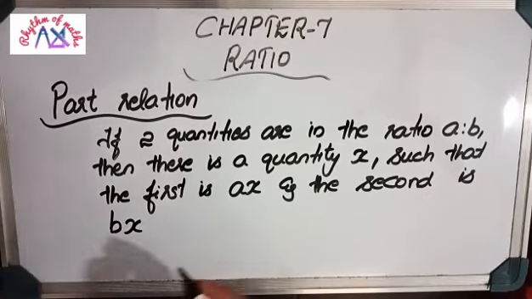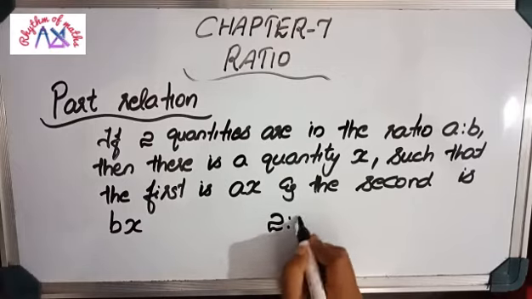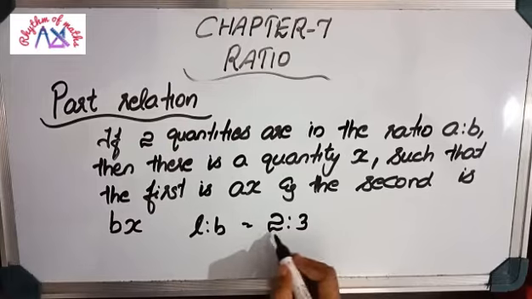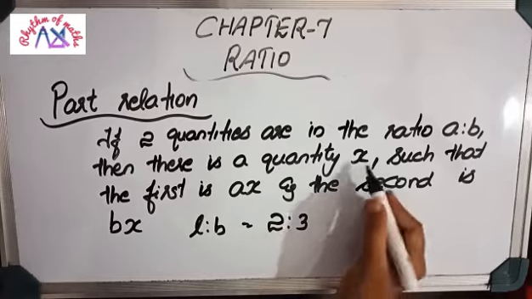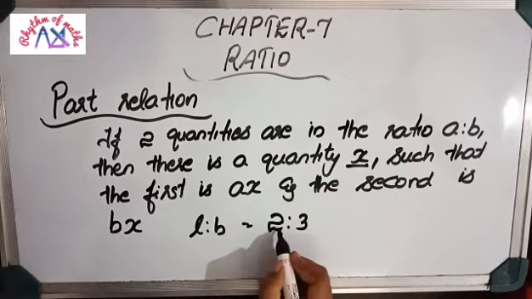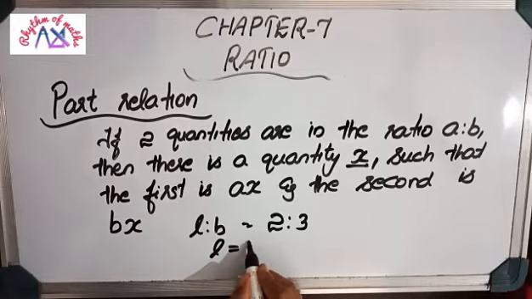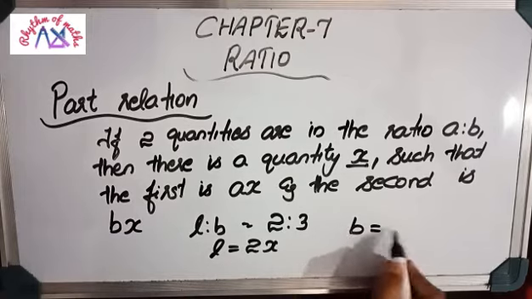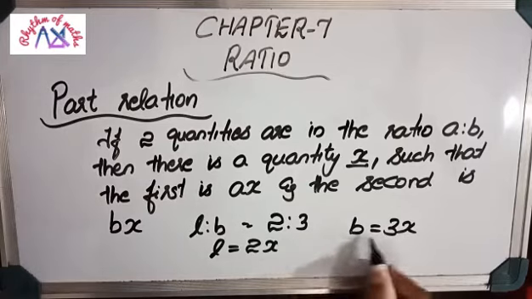That means suppose the length and breadth of a rectangle are in the ratio 2:3, then there is another quantity x such that the first one, length, will be equal to 2x, and the breadth, the second quantity, will be 3x. We will write like this.